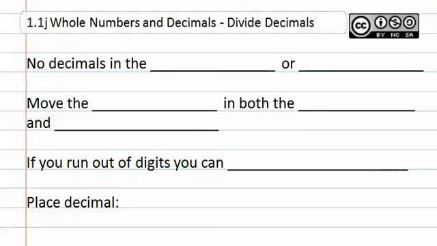1.1j, whole numbers and decimals, dividing decimals. When we're dividing numbers that have decimals, we need to remember that there are no decimals in the divisor, or the front.